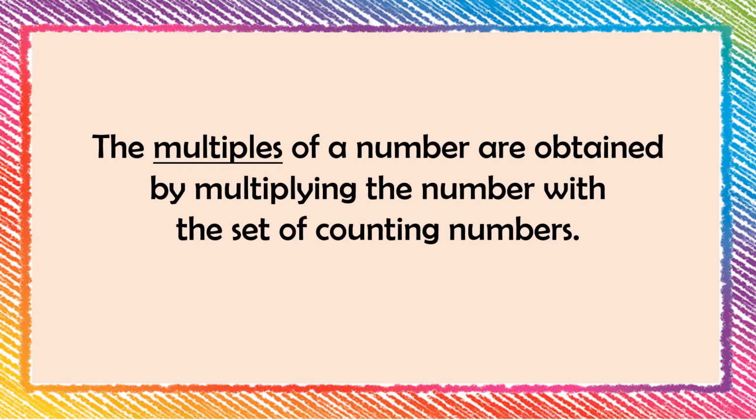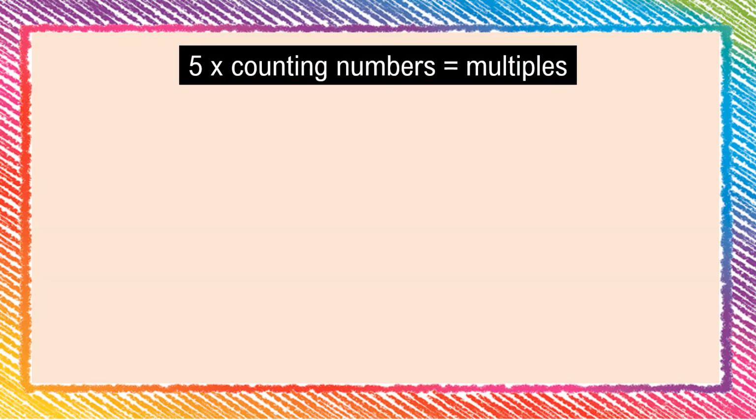How to find multiples? The multiples of a number are obtained by multiplying the number with the set of counting numbers. For example, to get the multiples of 5, multiply the number by the set of counting numbers.